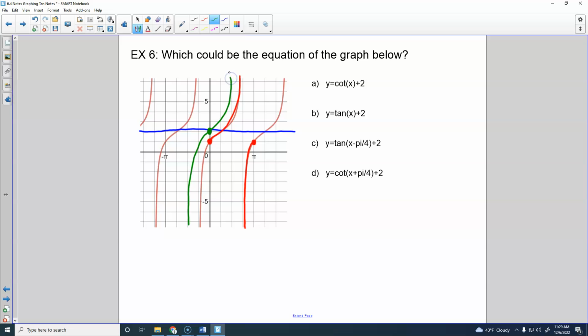And this graph looks like tangent because our graphs are doing the increase. If you reflect it, it does look negative, but these are not reflected, so I'm going to take those out. So this is not correct. It needs to be shifted over, and if you shift it to the right pi over 4, it should line up. So you would have C there.